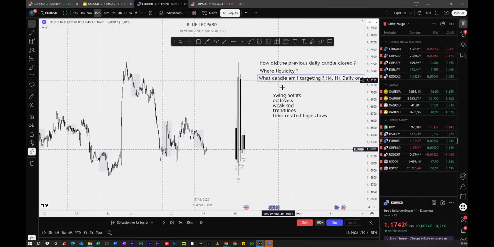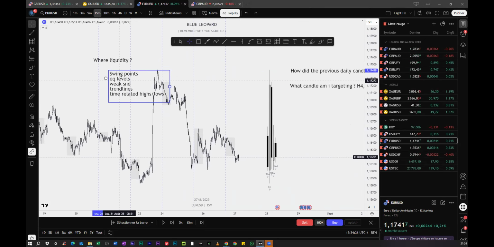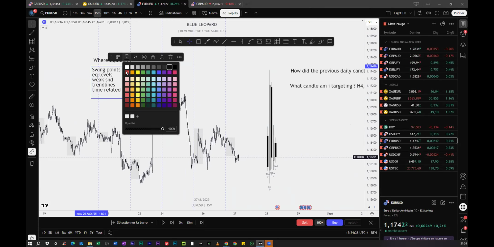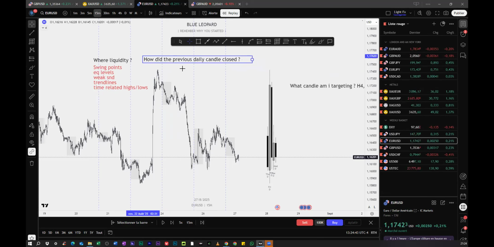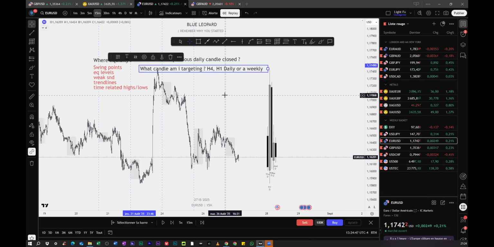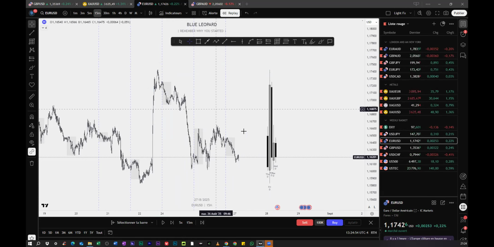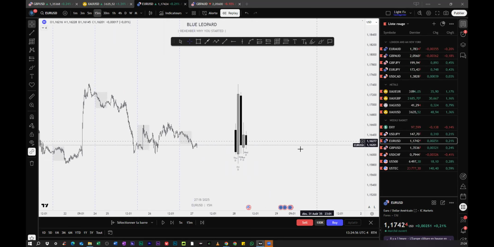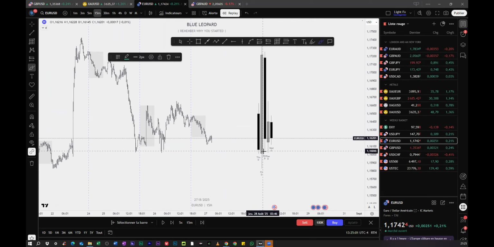What I was saying was, now that you know where to find liquidity here especially, you know how the previous candle closed because you can see it, and you know what candle you are targeting. Now you can start thinking about catching a move, because remember what price did here. Price came, stopped here, and then closed bullish.